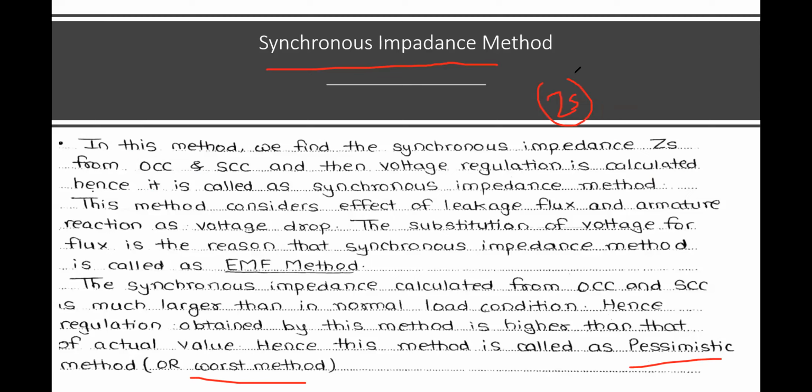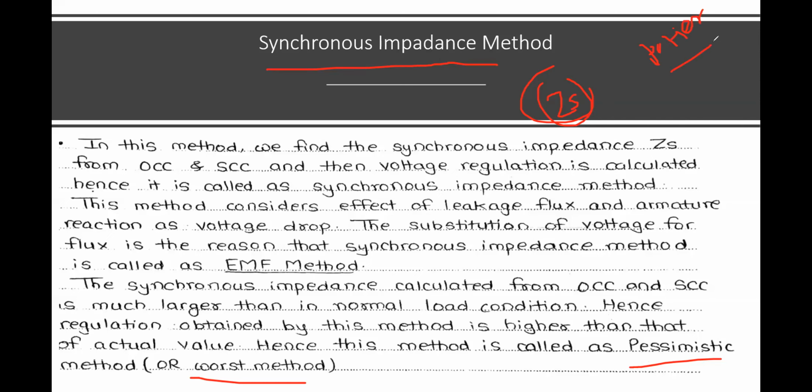It is not accurate. Some students ask me, sir, why do you calculate this? Because sometimes we have to calculate it using three techniques: first this one, then ampere turn, and then Pottier triangle. After calculating and comparing the three techniques, we can conclude that the Pottier triangle method is the most accurate.